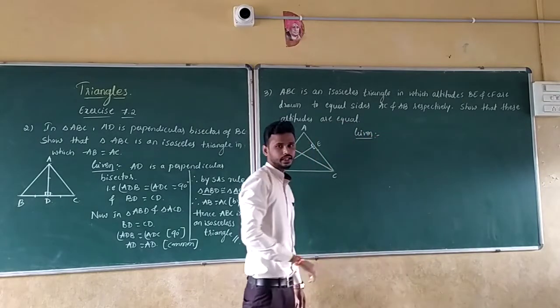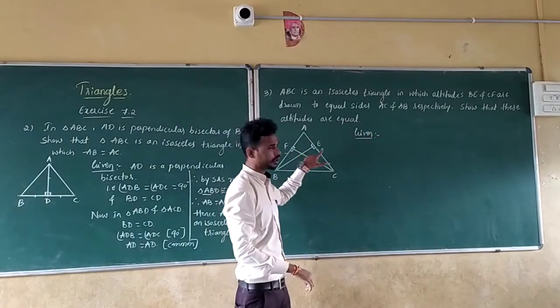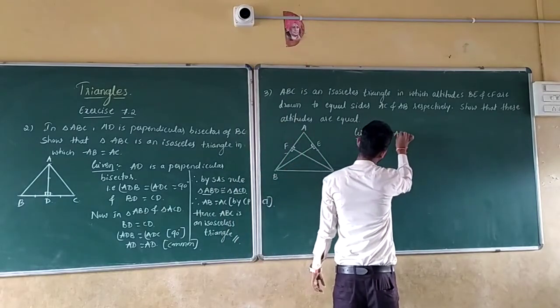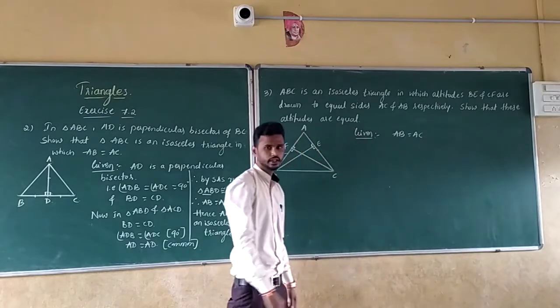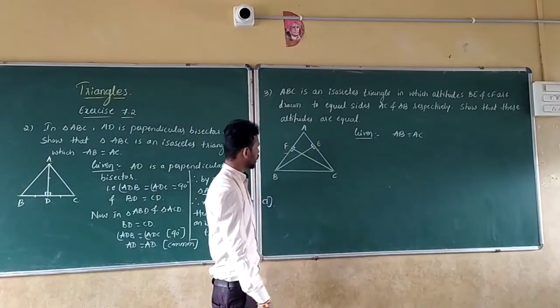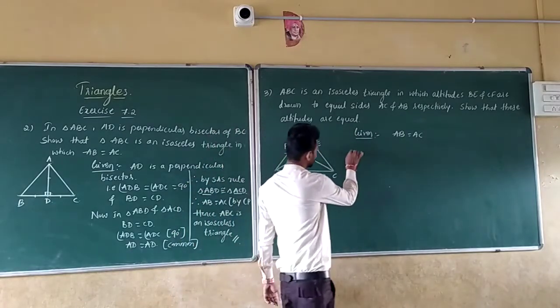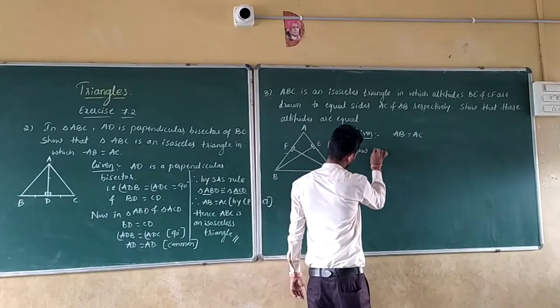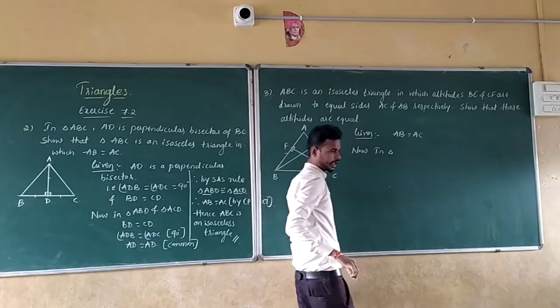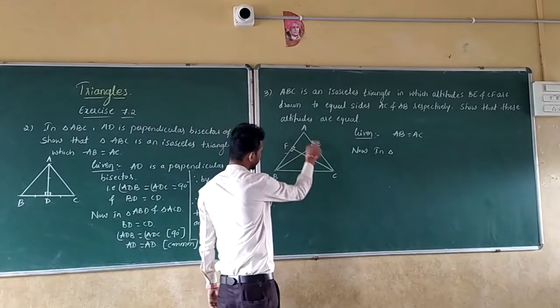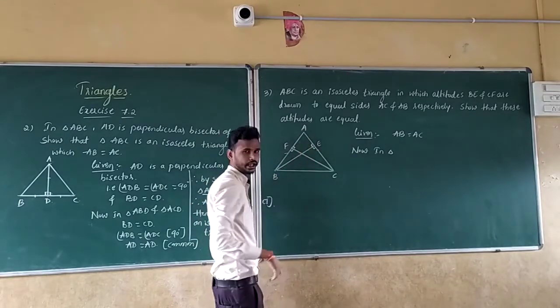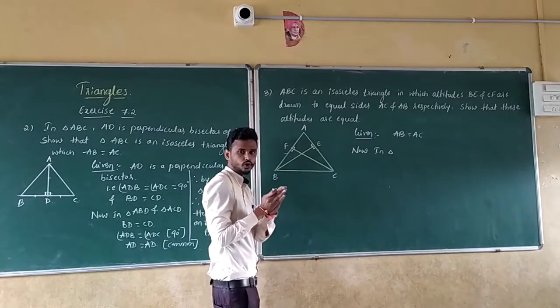ABC is an isosceles triangle with AB equal to AC. They are given as equal sides, meaning AB equals AC. Now consider triangle ABE and triangle ACF, because in triangles AB and AC you will get B and CF.